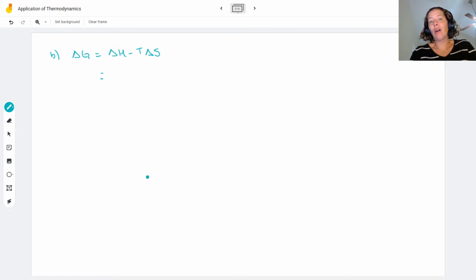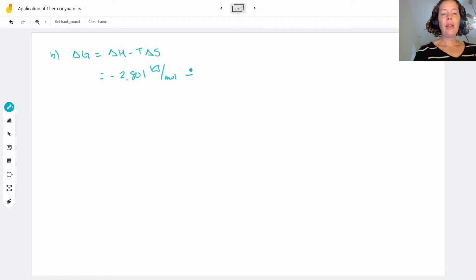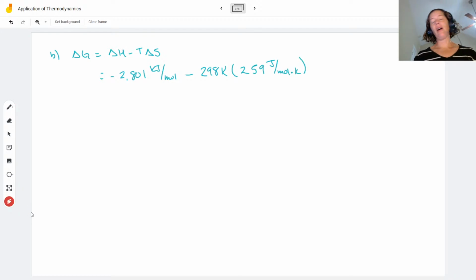They gave us our enthalpy, our delta H. That is negative 2,801 kilojoules per mole. Minus T, our temperature, is 298 Kelvin. And we just calculated our delta S. That is 259 joules per mole K. Okay, so we're coming up on usually the first mistake that students make in this type of calculation.